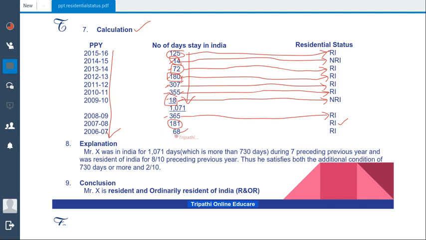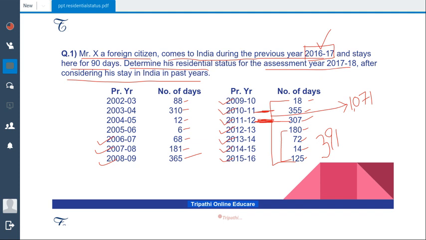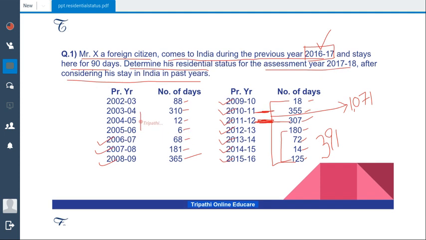The information before this year is given in the question. So let me take you to the question. So you can see the question. So we have the information before 2006-7 given in the question.